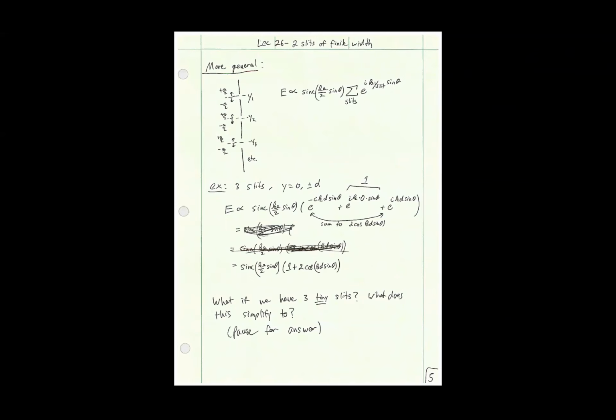If they're different widths, all bets are off. But in a key important application, they're all of the same width. And then we would have these phase shifts due to their positions and possibly other factors. So you just have the product of a sinc function and something due to their positions.